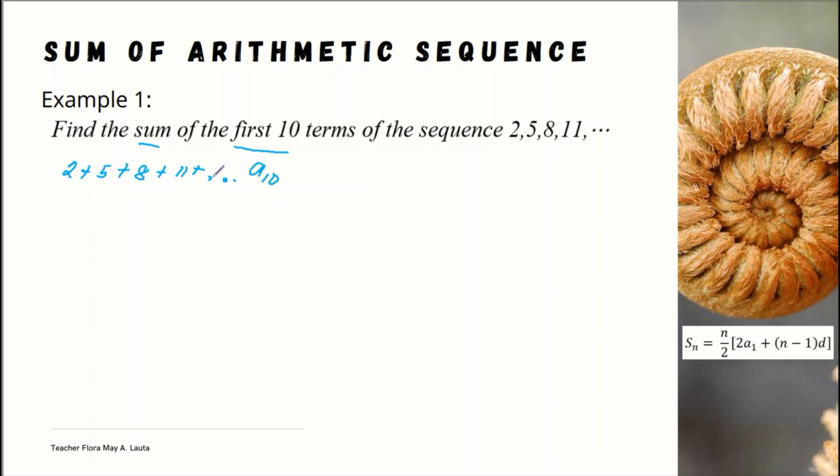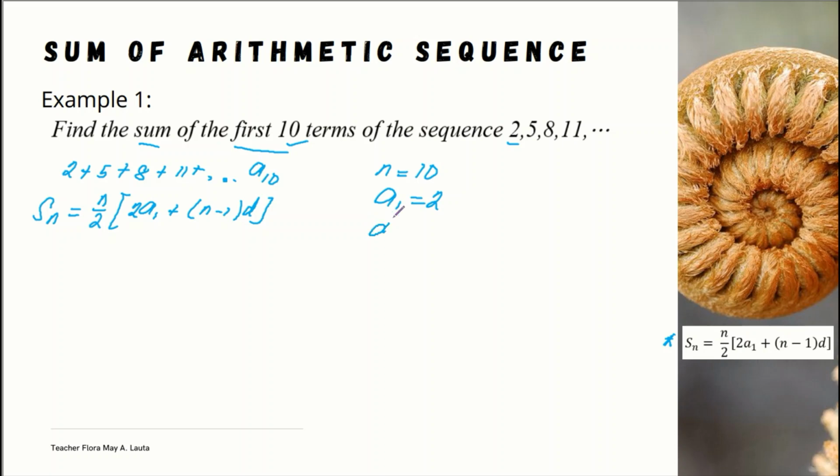So to solve this, instead of adding it manually, we can use the formula here, which is S sub n is equal to n over 2 times 2a sub 1 plus n minus 1 times the common difference d. So let's find the givens. We have our n, which is 10. And then we have our a sub 1, which is the first term, 2.